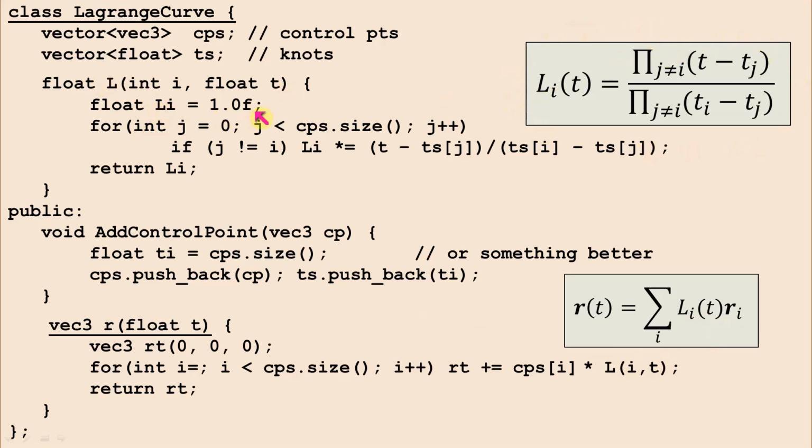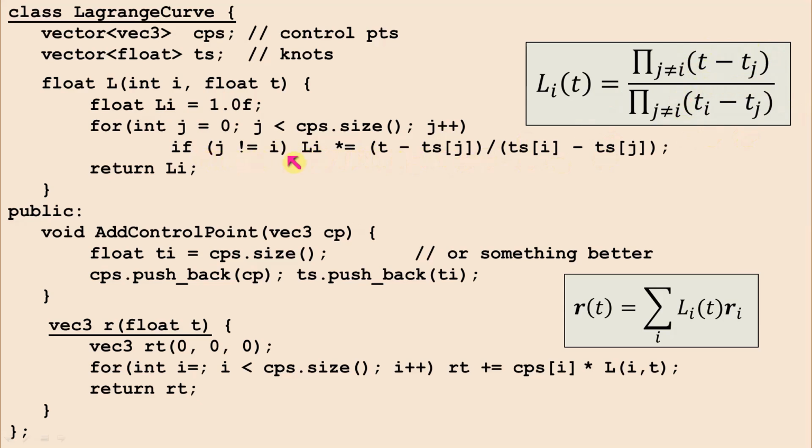So it is going to be a product, so we initialize the output value to 1. In a for cycle, we visit again all possible knot values. And for a given knot value, a factor from the numerator and a factor from the denominator are taken, and their ratio is multiplied to the result.